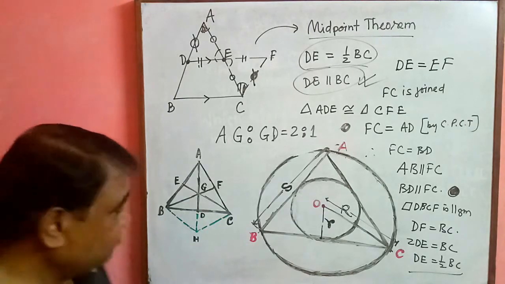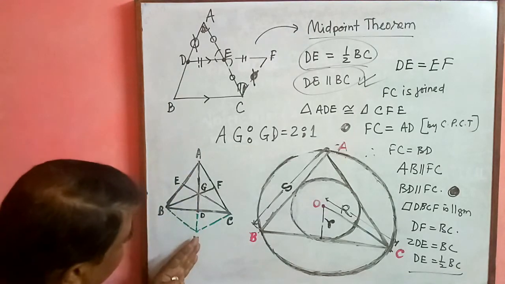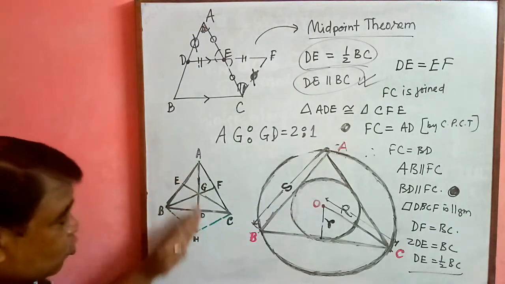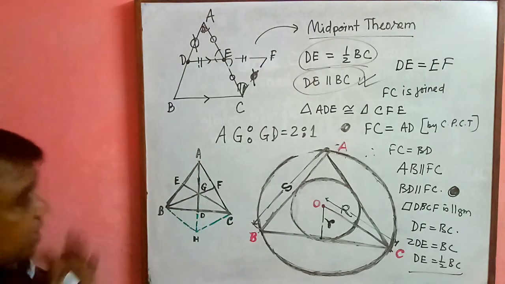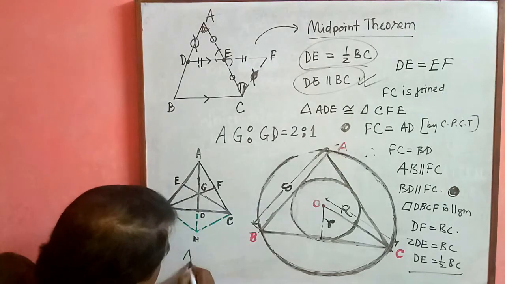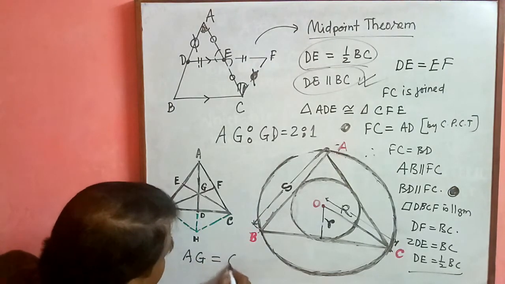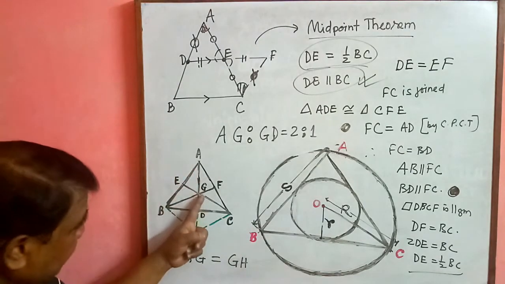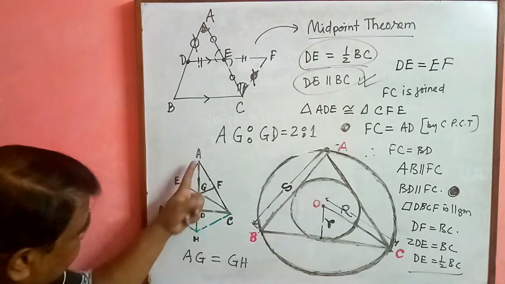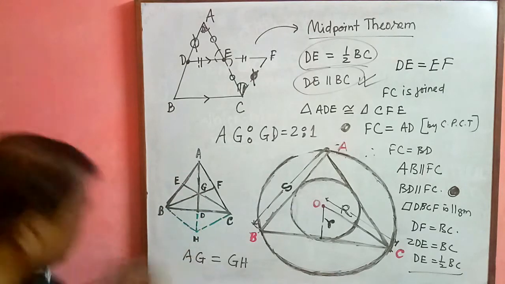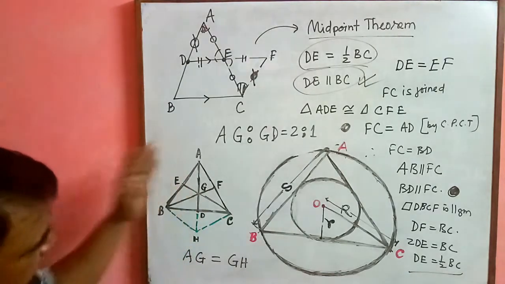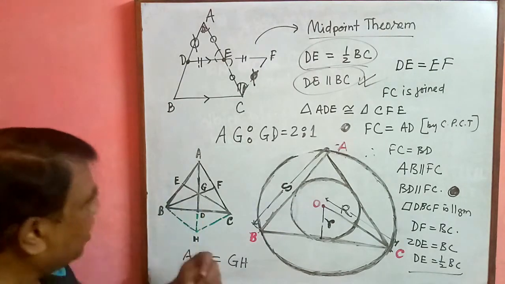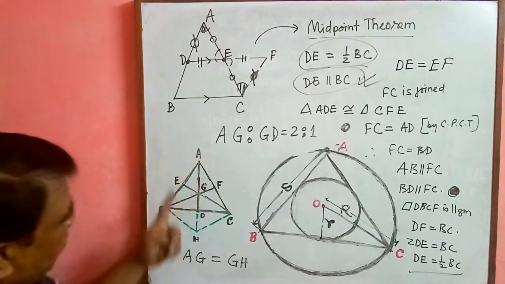Let's have a construction. AD is produced to H such that AG is equal to GH. Once we are producing AD to H such that AG is equal to GH, what does it mean? It means G will be the midpoint of AH.